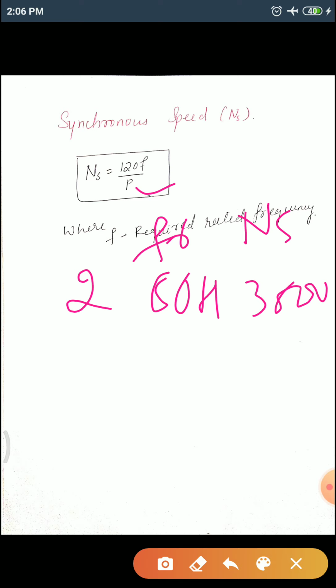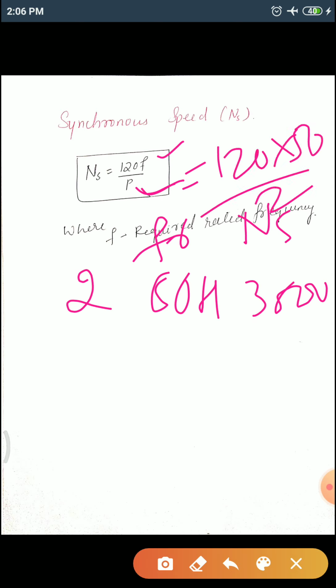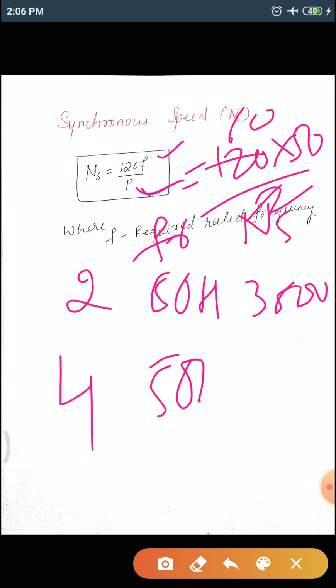Substitute P equal to 2 and F equal to 50. Then 120 into 50 divided by 2 gives 3000 rpm. Suppose for 4 poles at 50 hertz, substituting all the values, Ns will be 1500 rpm.